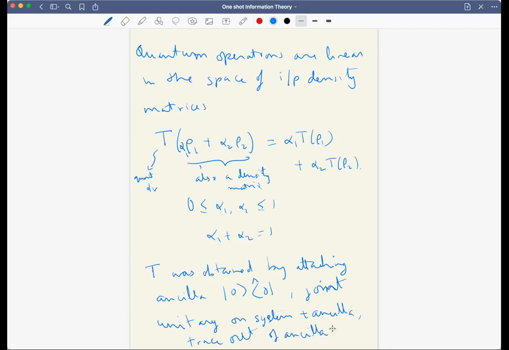And again, you can now formally check that all these operations are linear in the space of density matrices.